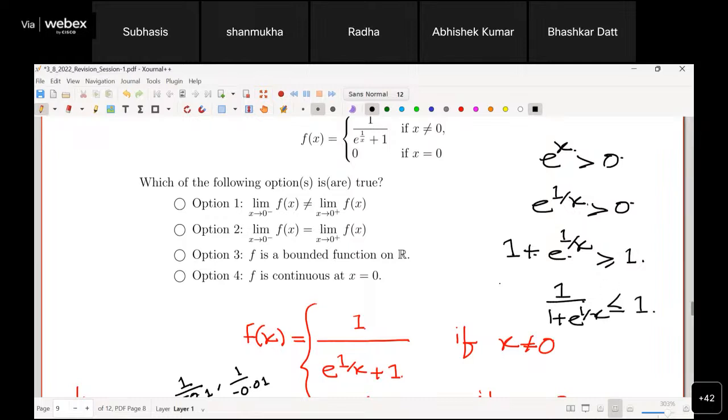And you know that this thing is certainly greater than 0, because 1 plus e power x is always positive, and positive by positive is always positive. So from here you can say that this function is bounded. The value of the function is always between 0 and 1. So clear, right? Why this function is bounded?